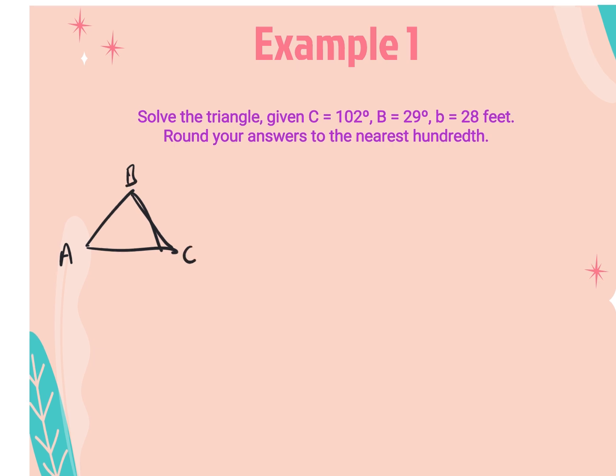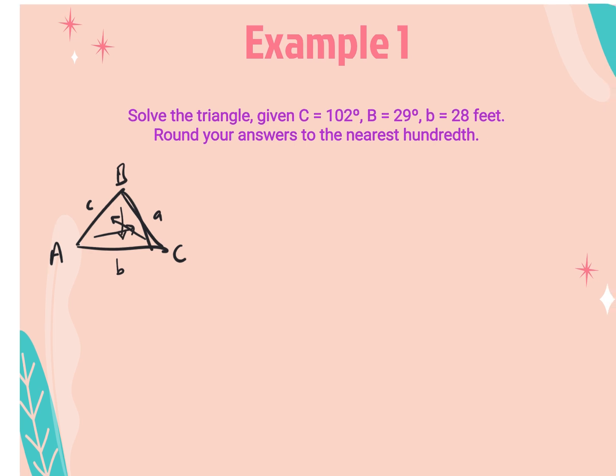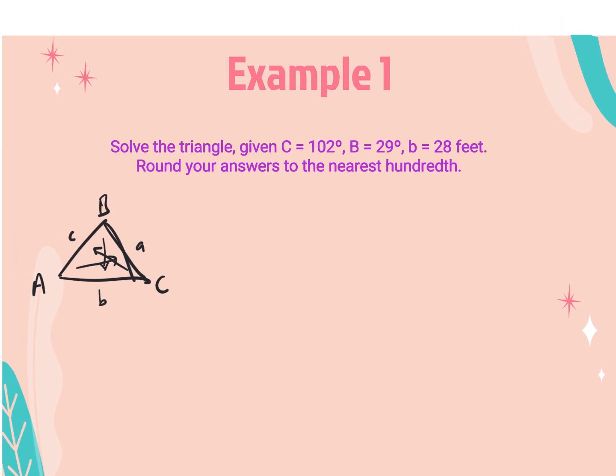Just keep in mind that the sides correspond to the opposite angle. Right, so this side right here is going to be side A. This side right here is side C, and then this side right here is side B. All right, so just keep that in mind when you're either given a triangle or need to label one. That's how you would label your information.